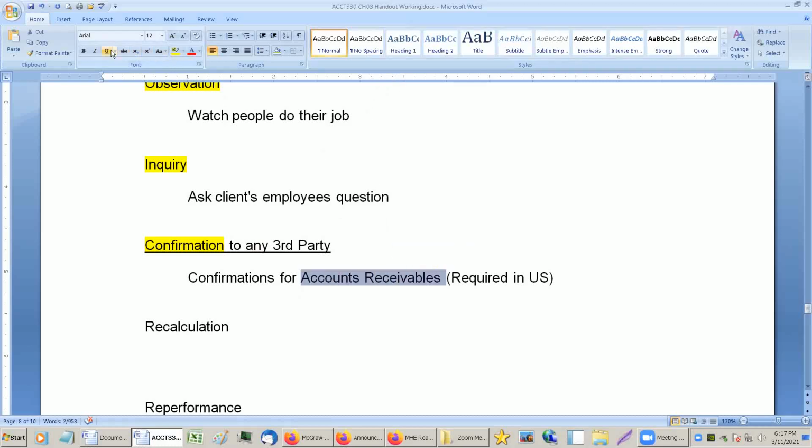And accounts receivable is common because these are sales that are being made. So, for instance, you may have the seller's invoice, which, if your client's a seller, is an internal document, and it is not very good evidence. So here's the problem: this is weak evidence.